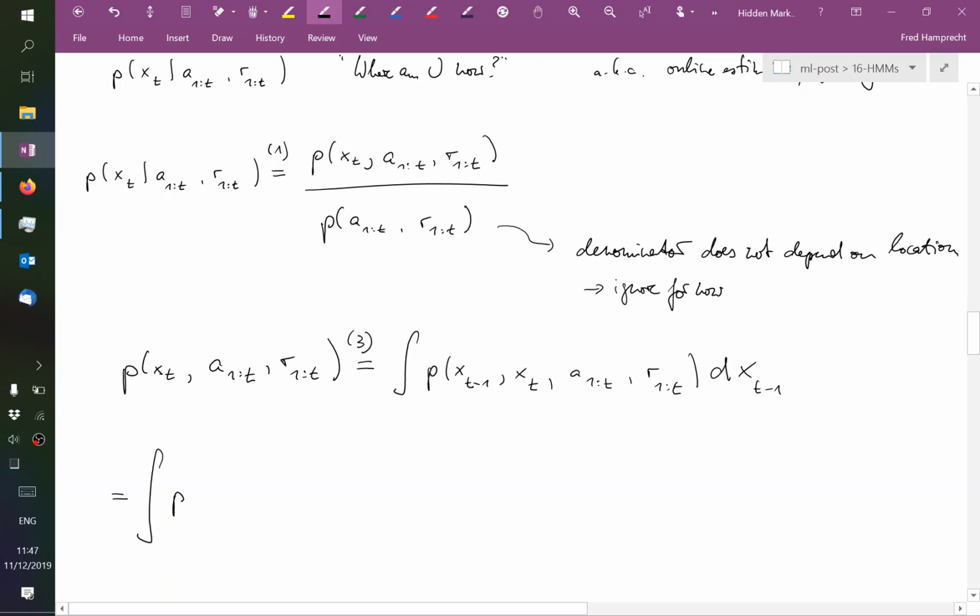So I will write the reading at time t, given all the other variables, x_t and x_{t-1}, and all actions up to time t, and all sensor readings from 1 up to t minus 1.